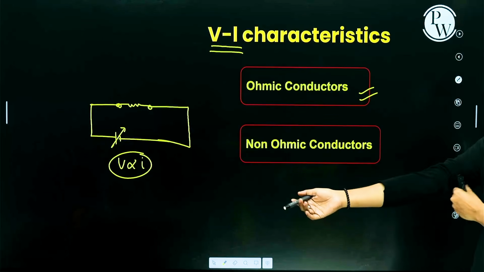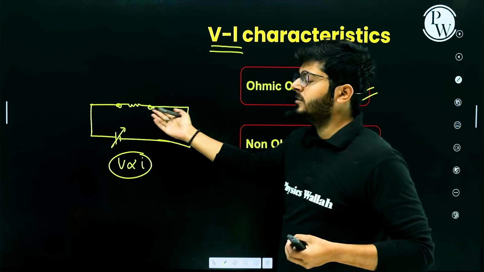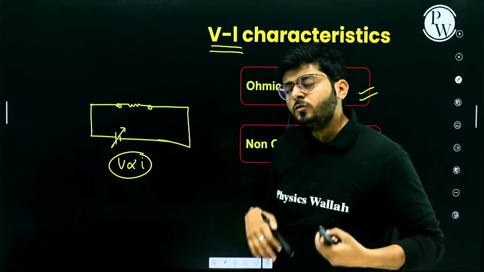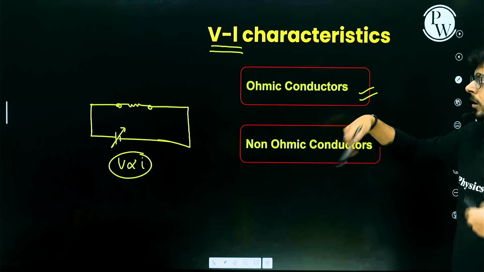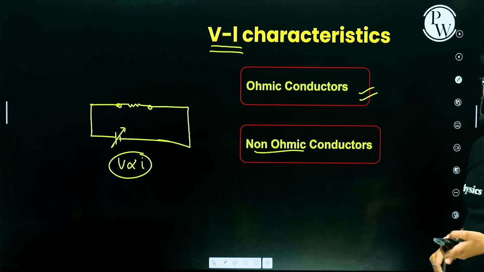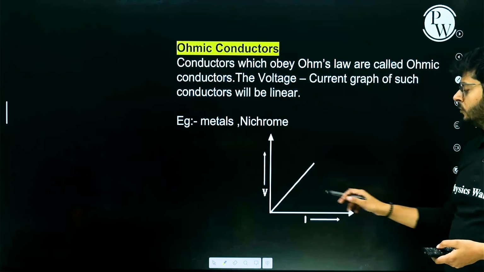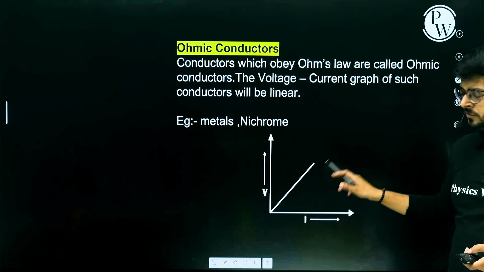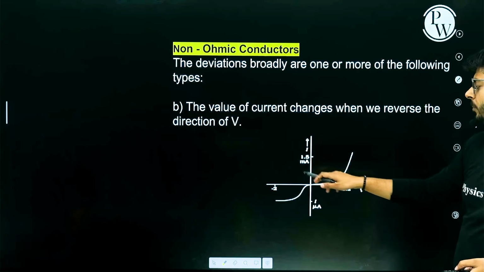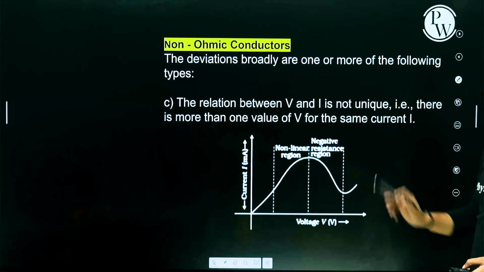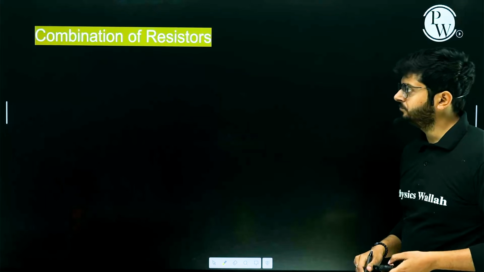Or let's say that voltage is increased, but the current does not change at all, right? All those conductors which do not follow Ohm's law are non-ohmic conductors, right? So ohmic conductors will of course follow a proportionality between V and I, and non-ohmic conductors will show a variation from the proportionality in different ways, right? I believe the idea is very clear.